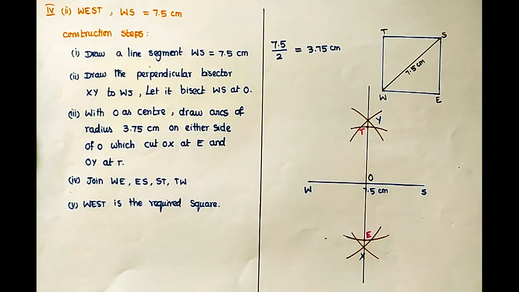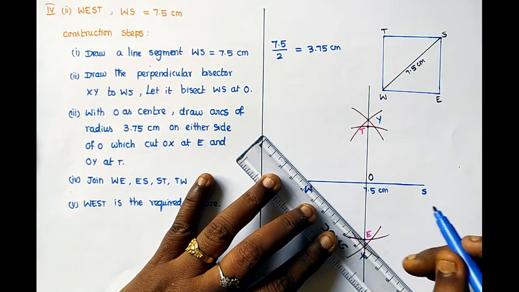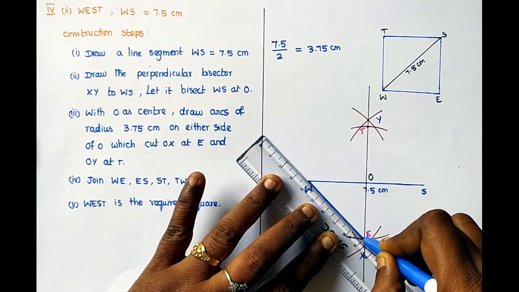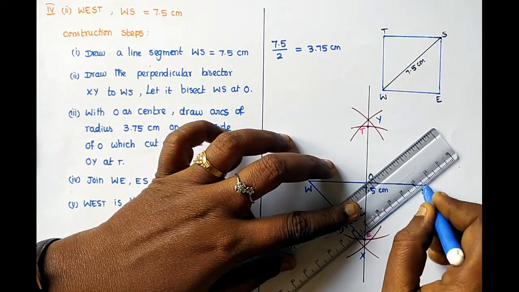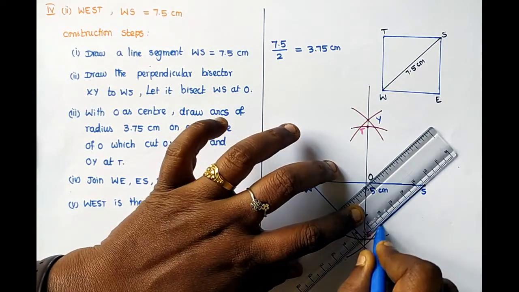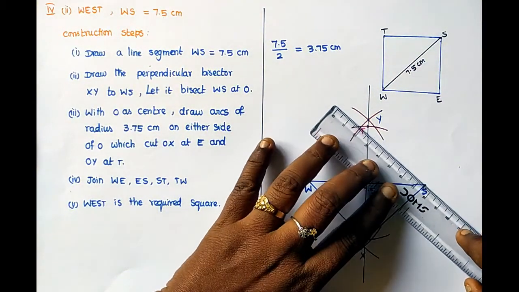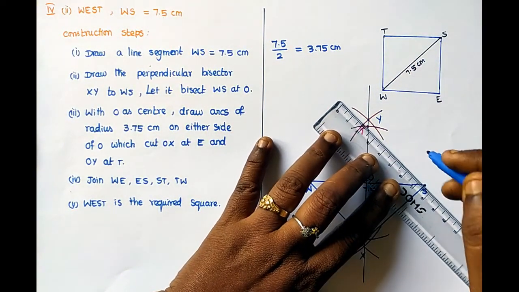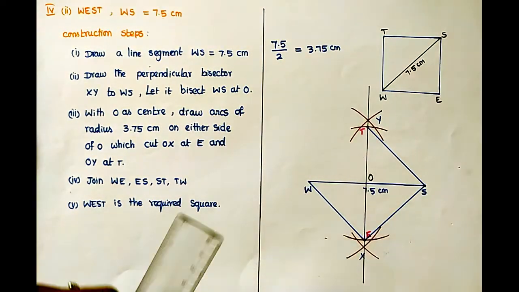Now, what is the next step? Join WE, ES, ST and TW.